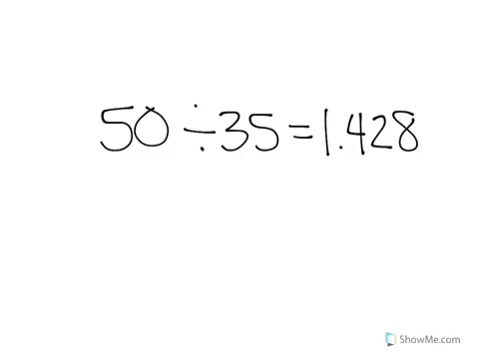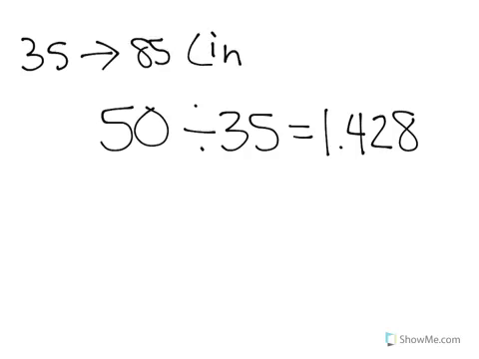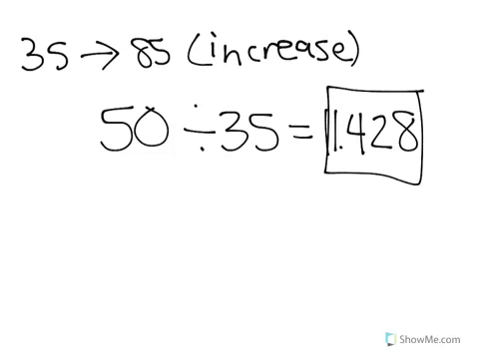1.428. Keeps going. Okay, so obviously, if you go back and look at your page there, if we start at $35 and we end up at $85, obviously that's an increase. Okay, so the question is, what is 1.428 as a percent?